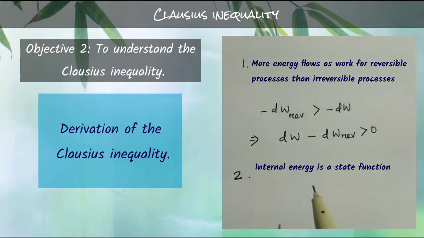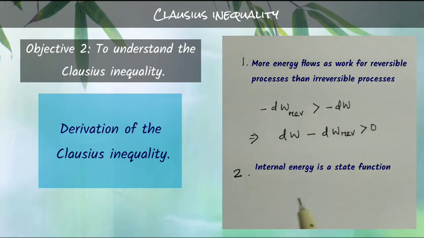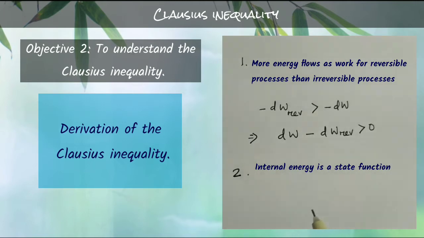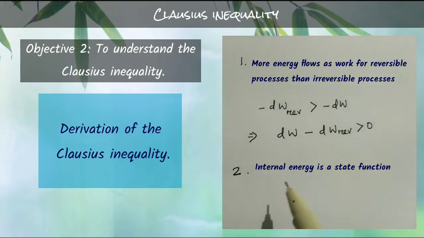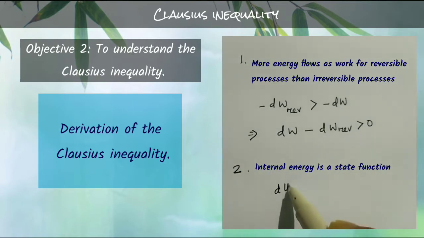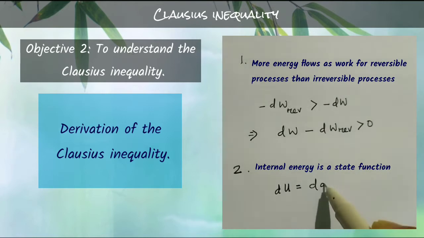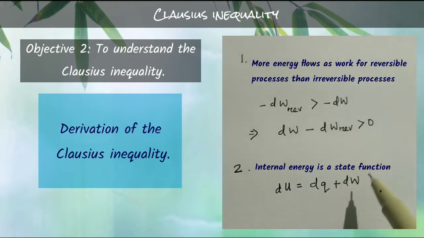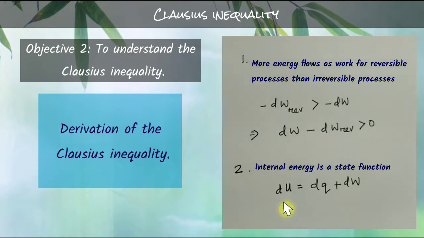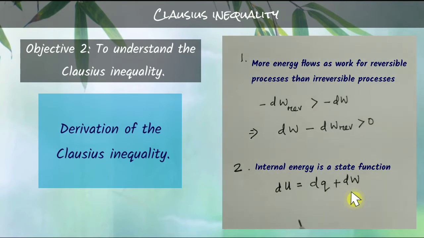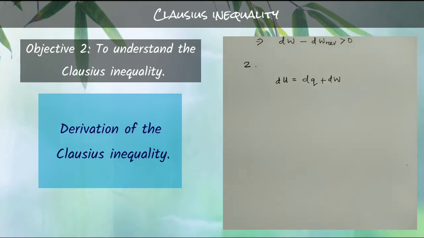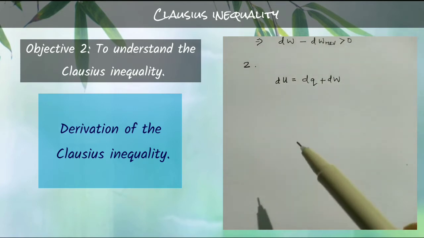And the second concept is the concept of internal energy. We know that internal energy is a state function. That is, its value will be the same irrespective of the process. Whether we reach the state reversibly or irreversibly, it will not determine the value of internal energy at that state. From the first law of thermodynamics, dU equals dq plus dw. Here dU represents the change in internal energy, dq represents the change in heat, and dw represents the work done during the process. Again, let us suppose the same states.